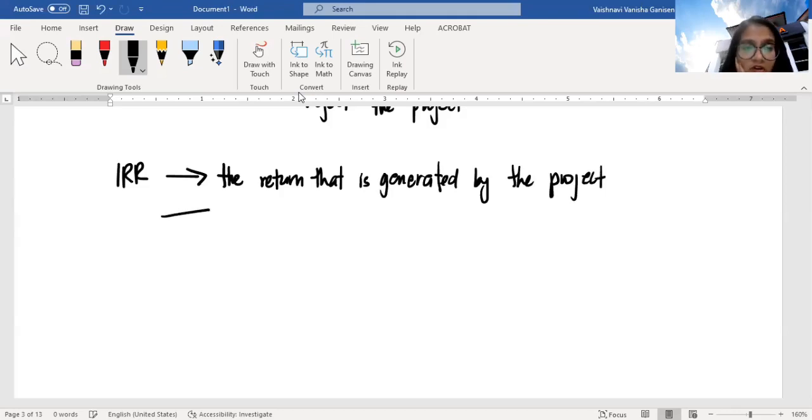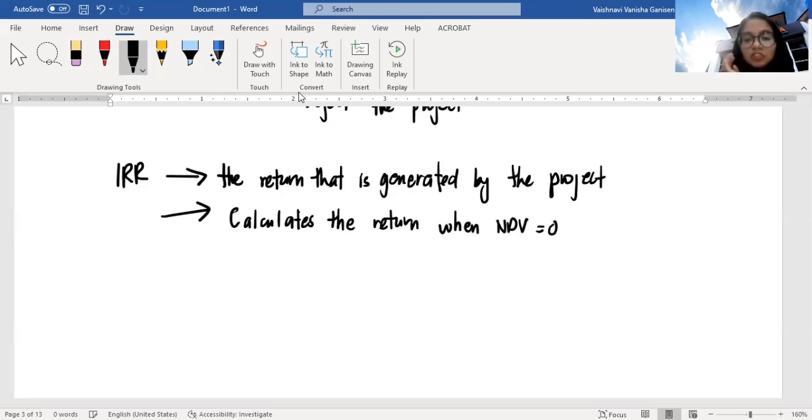Sorry, looks very ugly. So basically, you are calculating the percentage when your project breaks even.